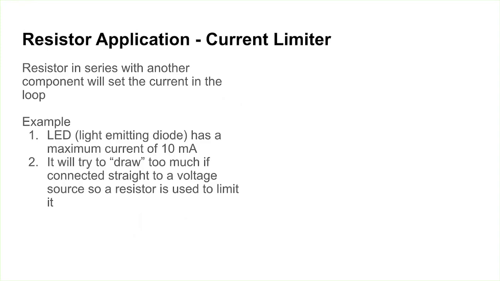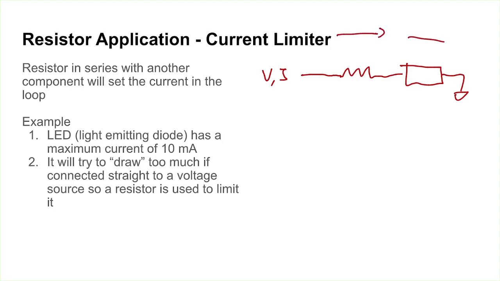So another application of a resistor is as a current limiter. A resistor in series with another component will set the current in the loop or in the branch. So you can think of this as some voltage going in. You have a source of voltage and current, V comma I, entering into a black box component, and then maybe going to ground, right? I will always be equal to I because it's not splitting up anywhere.